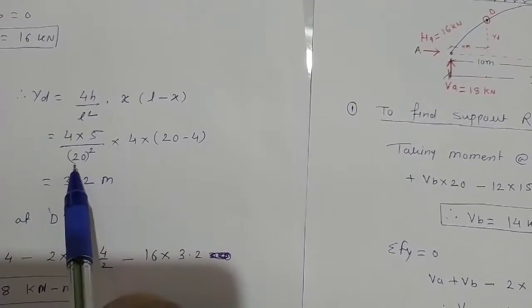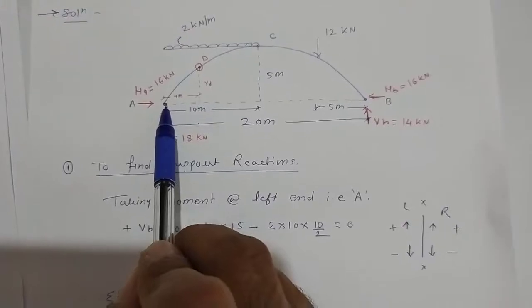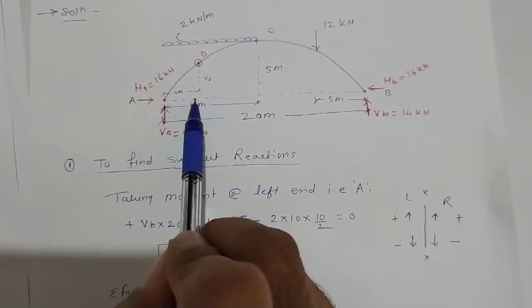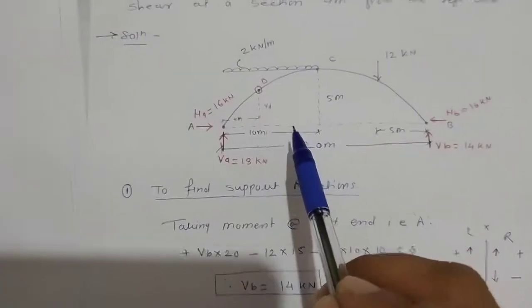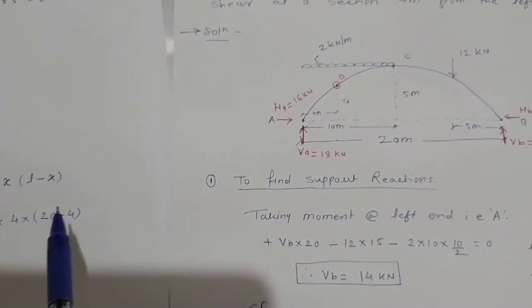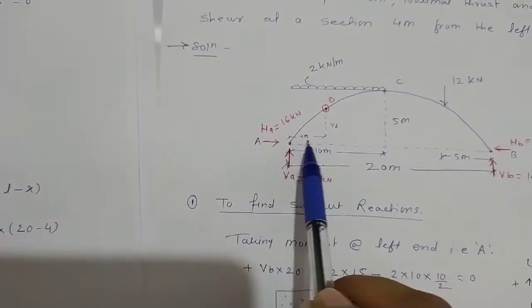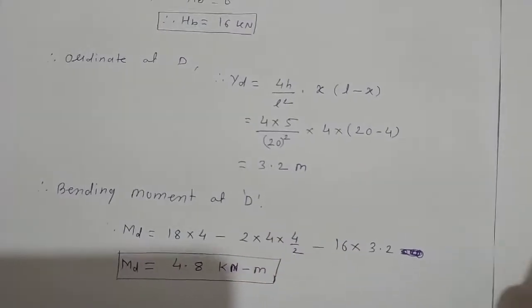Total span was 20 meter. Then x is 4 meter. We are calculating the vertical ordinate at a distance of 4 meter, multiplied by 20, L is 20, minus 4. This 4 is x. So you will get 3.2.